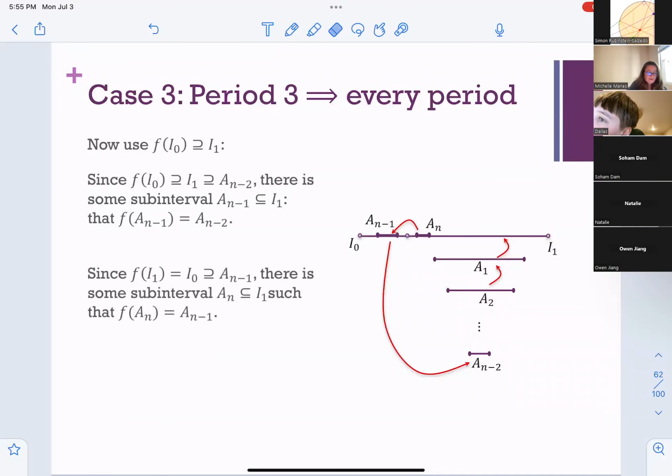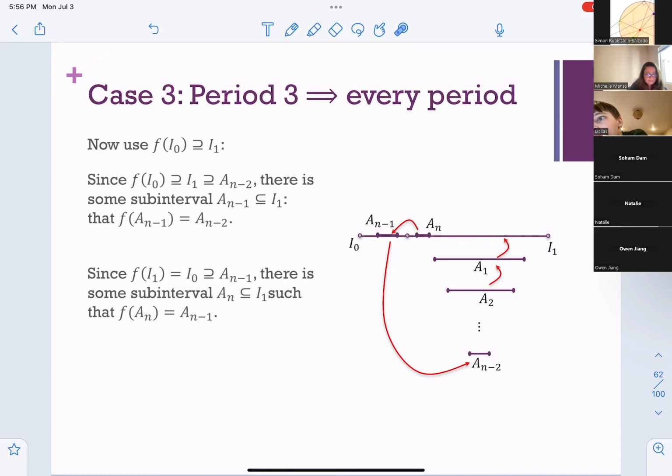Okay, we're almost there. So now we've got I1, and it covers that whole interval from I0 and I1. So I can take a little subinterval that exactly covers this An minus 1. So now I've got what I need. I've got this tiny subinterval, and when I do it n times, I exactly cover I1.